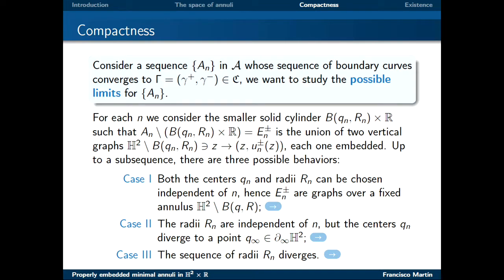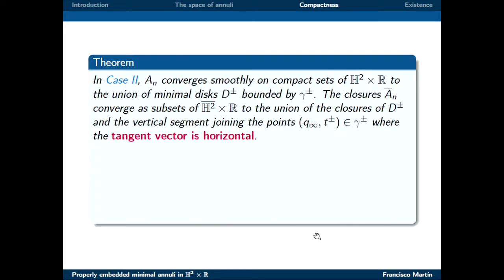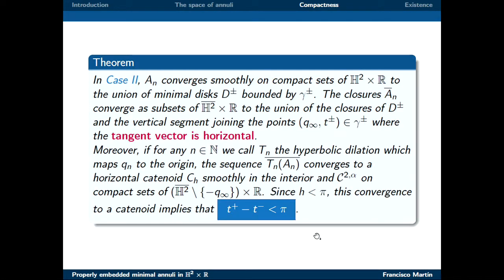So what happens in this case? What is happening is that the limit is like in the case of the catenoid. It consists of two minimal disks joined by a segment at infinity.